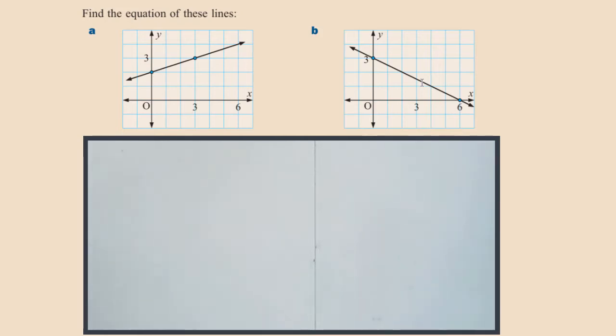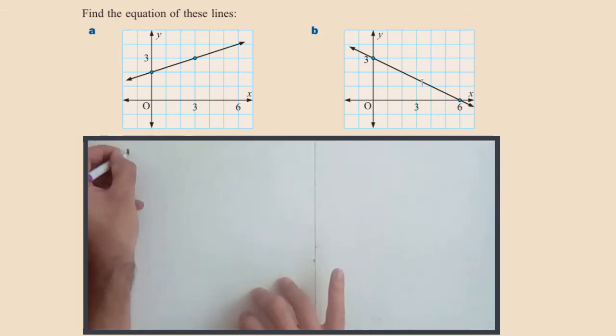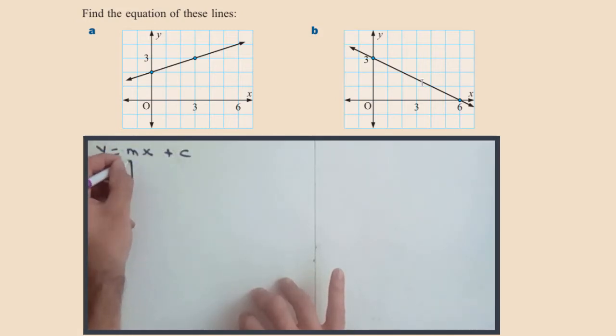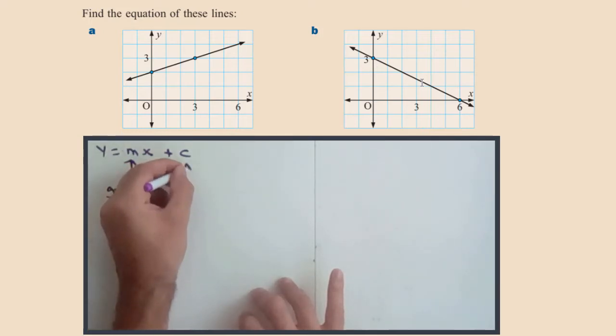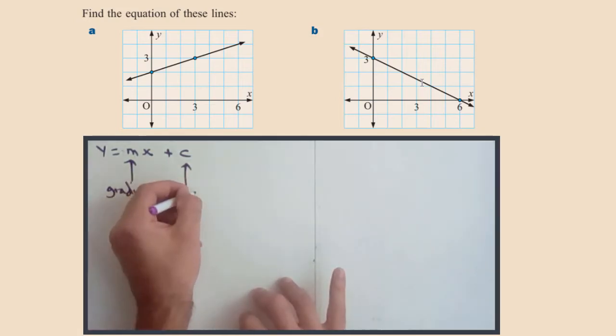We're going to find these in gradient-intercept form. The general form for this is y equals mx plus c. The m bit is the gradient, and the c is the y-intercept, as in where does it cross the y-axis.